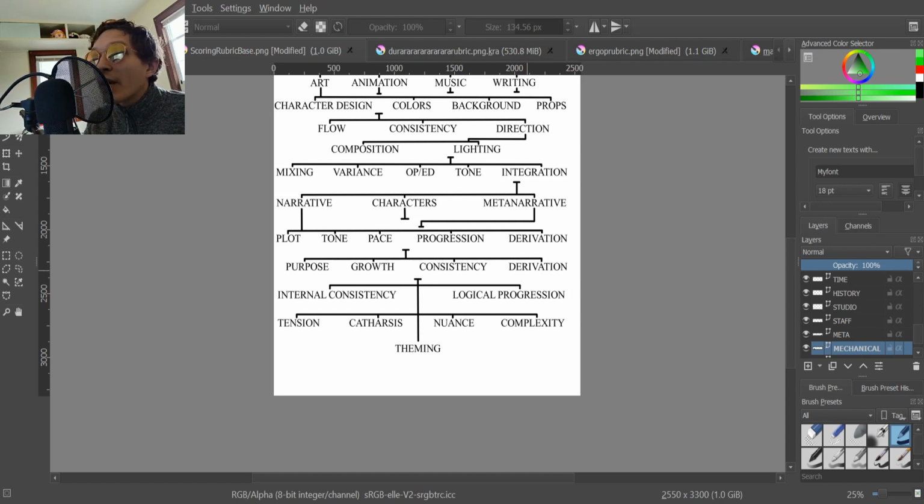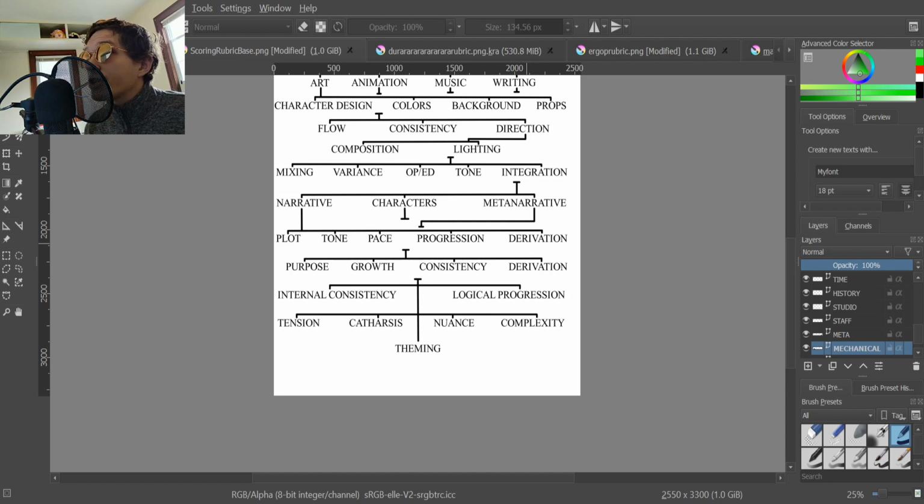Now, derivation. You're going to see derivation twice here. Derivation is how derivative the content is. Have I seen this before? Almost wholesale. Derivation can be a problem, or it might not be a problem. This is another one where 0 can allow you to adjust what you think about a show and what you care about.